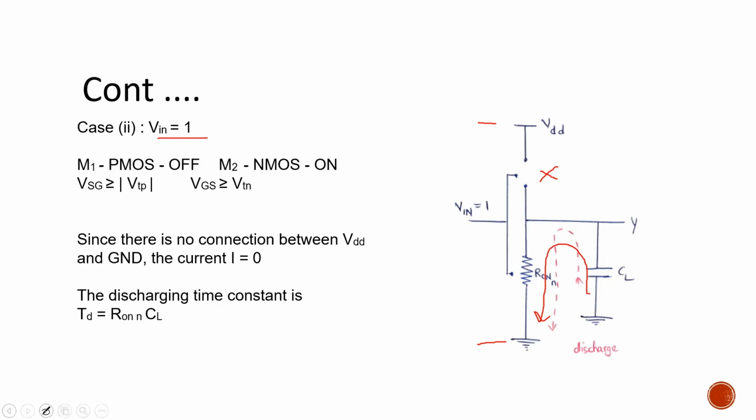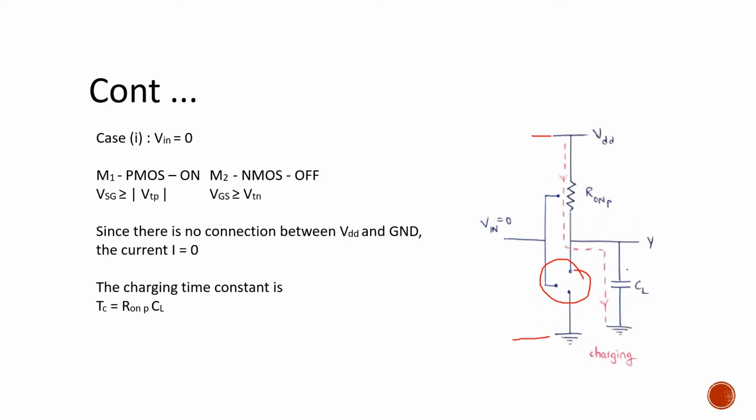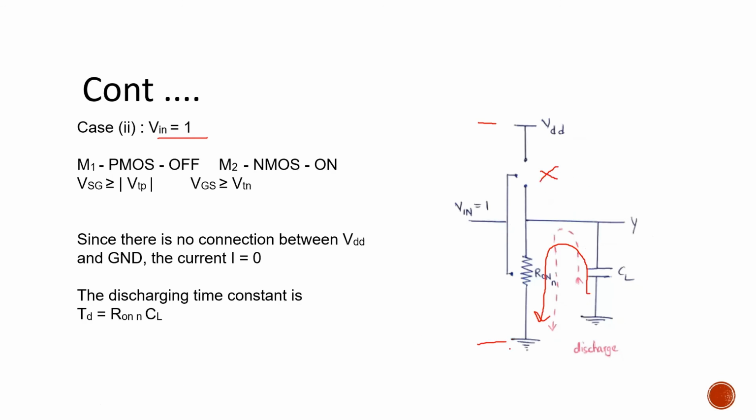You can see here during the charging time constant. What is the charging time constant equation? That is R on P into CL. Whereas the discharging time constant, tau D, is R on N into CL.